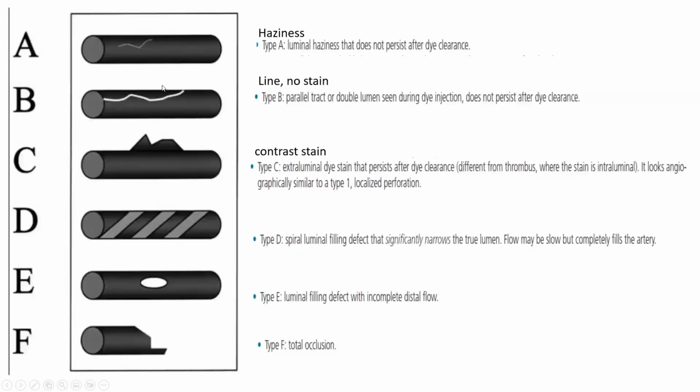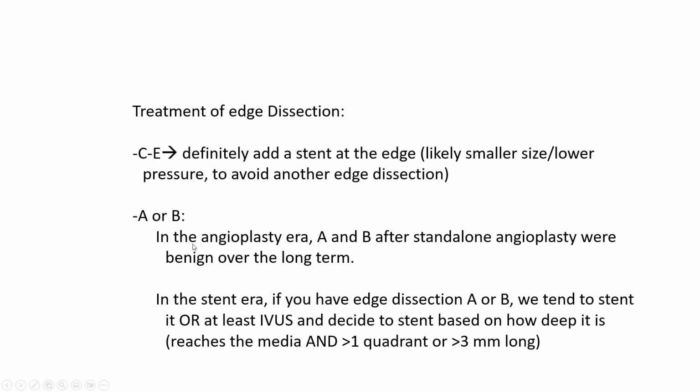Now, if you have A or B dissection, back in the era of standalone balloon angioplasty in the 80s, A and B were considered benign over the long term. So those were not a problem.